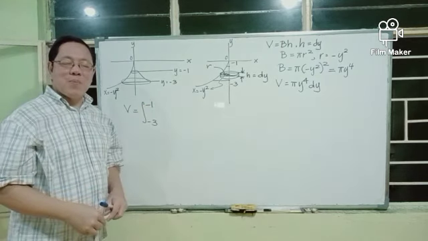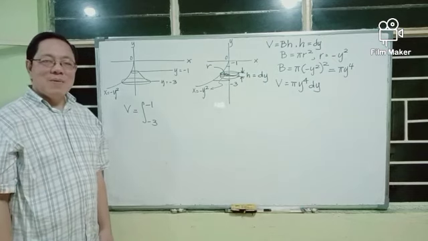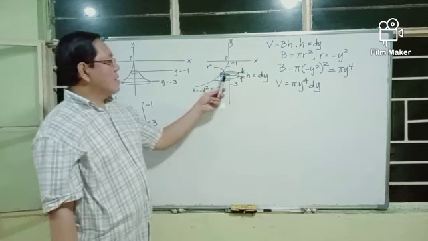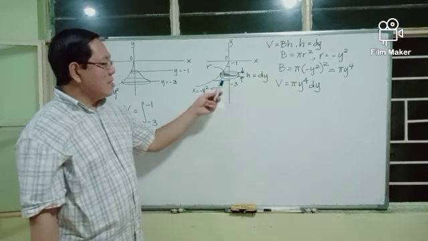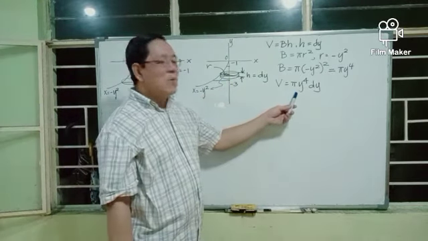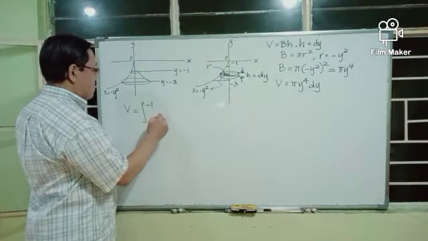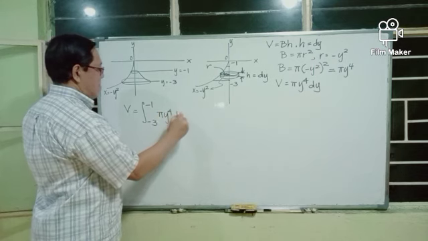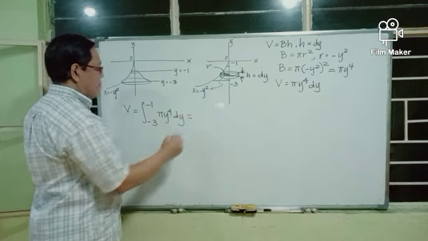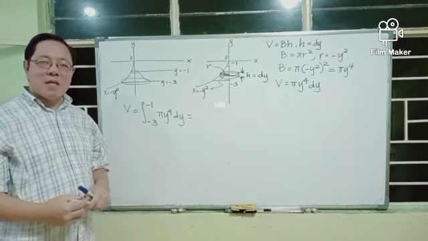And we sum up, integrate, all the volumes of the circular discs. And the volume of each circular disc is given by pi y raised to 4 dy. Again, pi is a constant. We can take that out of the integral sign.